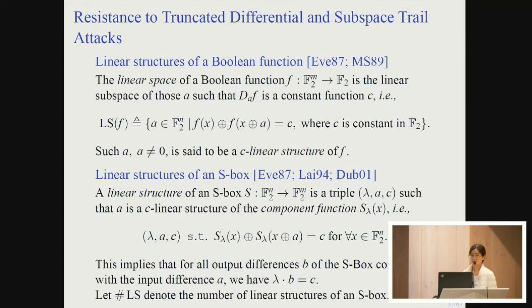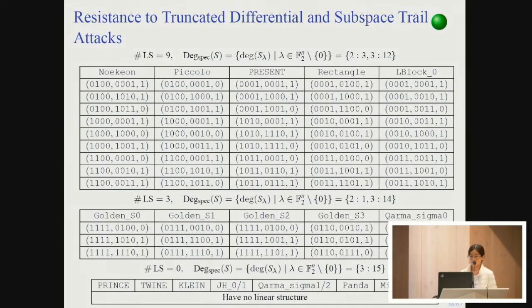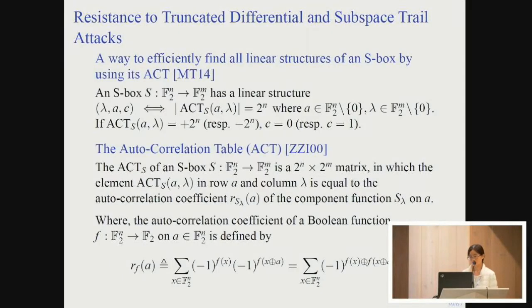Besides, the linear structure of a Boolean function is actually a very early notion to provide a measurement of the linearity of the Boolean function. And the linear structure of the S-box has been used in very early differential-like attacks on DES. So given an S-box, Pagan will output the linear structure of the S-box.